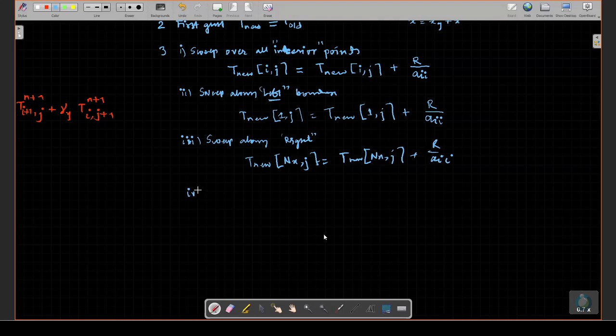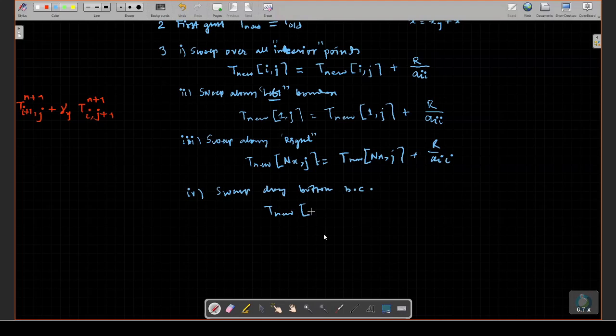Then similarly, the fourth one: sweep along the bottom boundary. So you get T new.